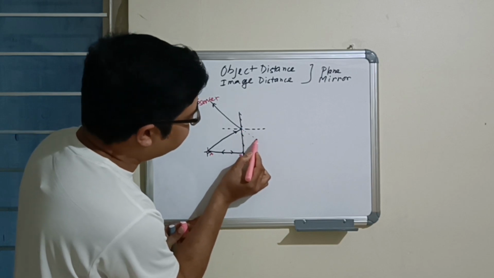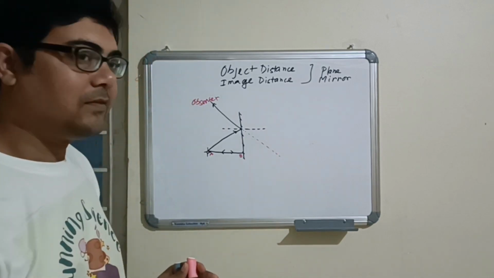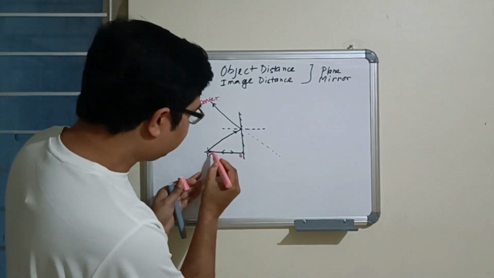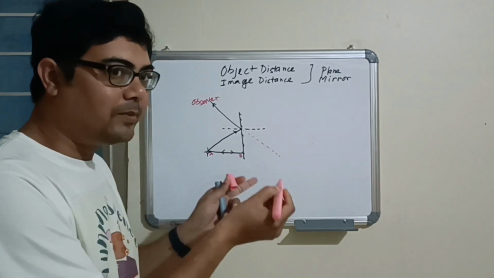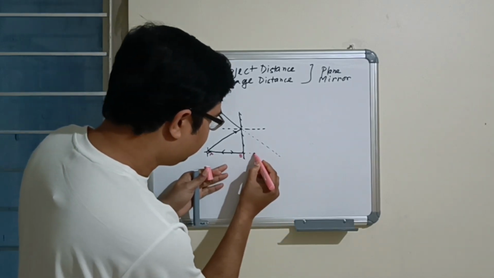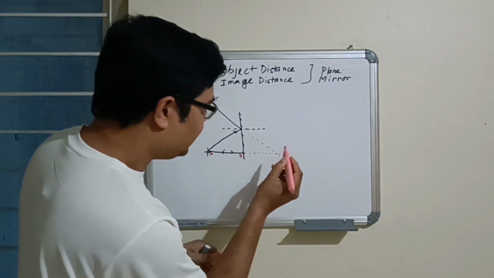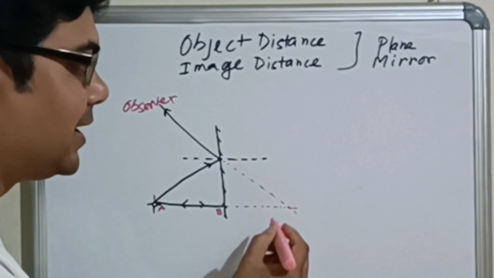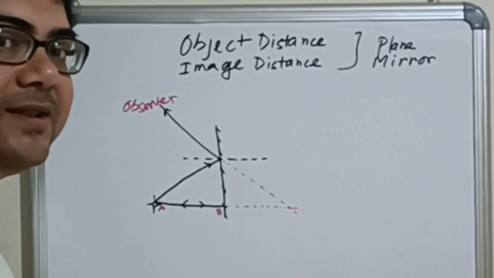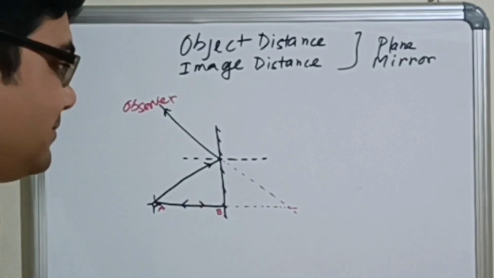So I have to extend back the ray, right? Now here that incident ray falls normally on the mirror surface. I also need to extend it. So this meeting point or the intersecting point of two rays will give you the image formed in a plane mirror.